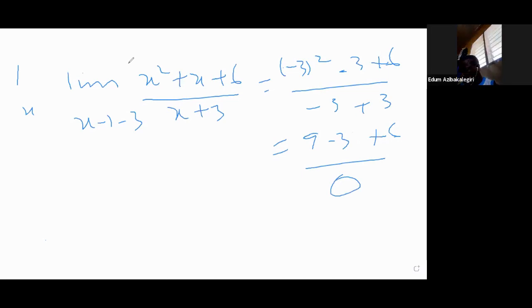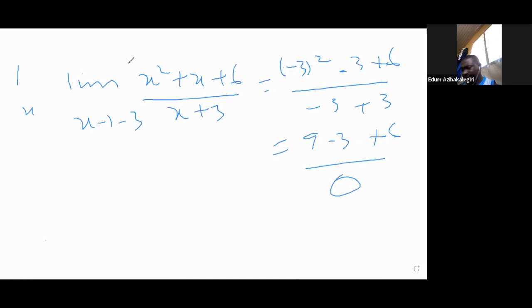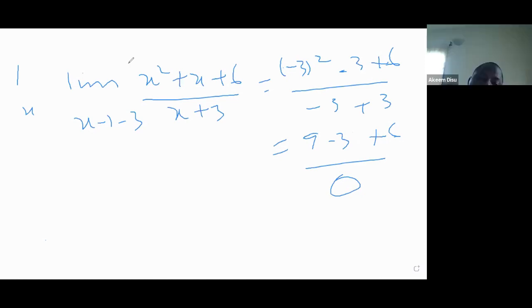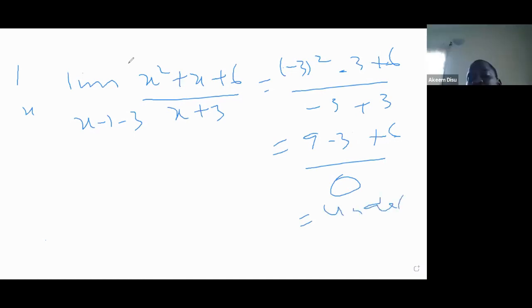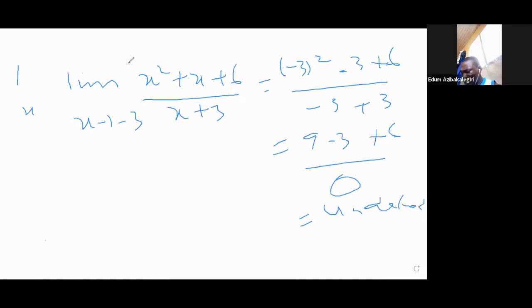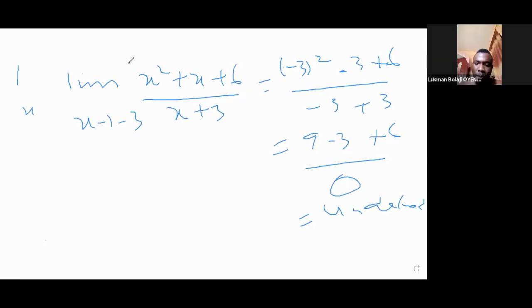Minus 3 plus 3 is 0. That means we cannot solve this one directly. We now solve it by algebraic form.